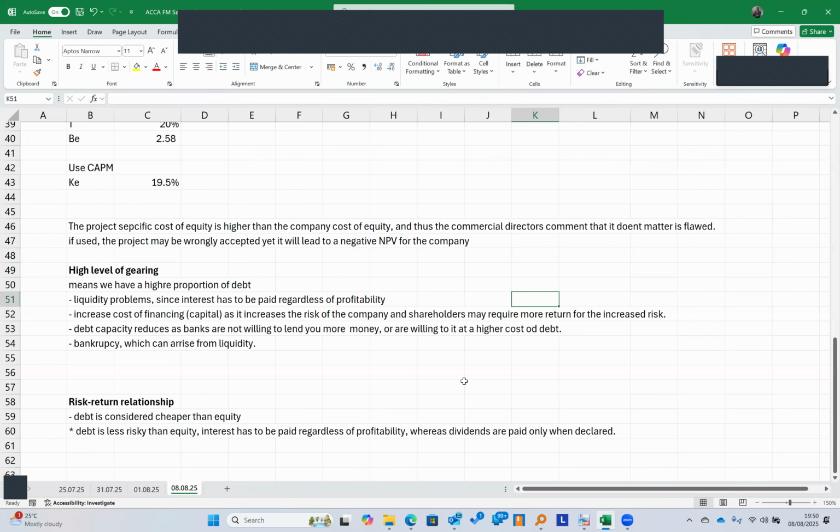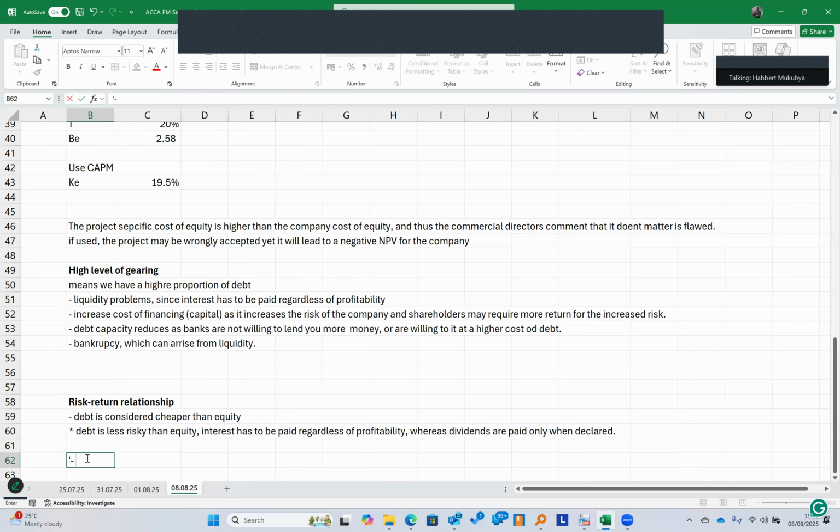So those are the reasons that make it cheaper to have debt. Let me try to write all those things that I've said so that you get the idea.